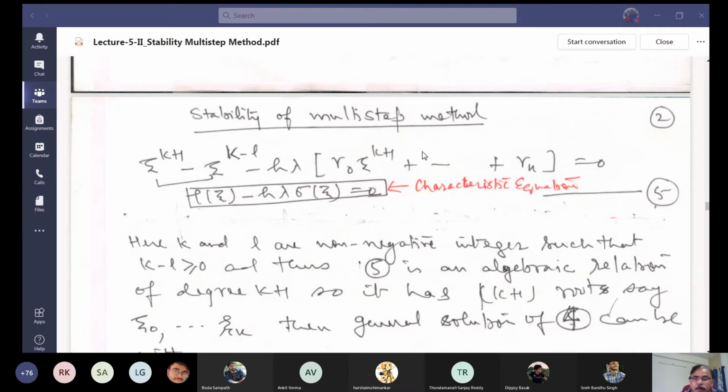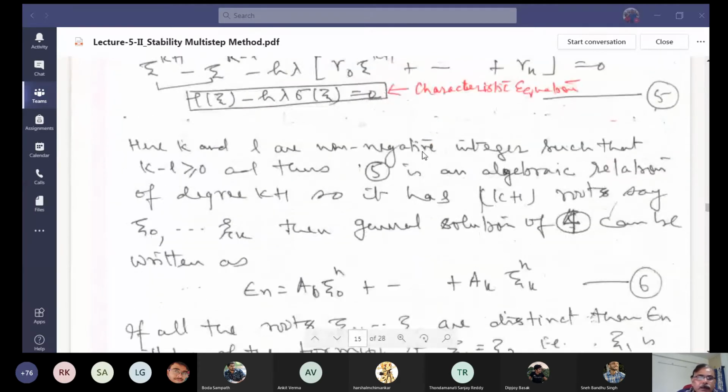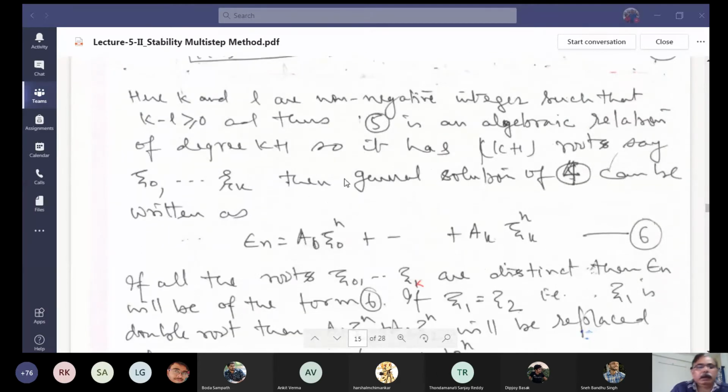It will have K plus 1 roots because we are working in the complex plane, right? Otherwise also it has K plus 1 roots. The only thing is that you cannot separate them out in the real ones. For example, x square plus 1 equal to 0, you cannot find in the real space, right? But in the complex one, it is available, plus minus i, right? So let us say that the roots are xi naught to xi k.